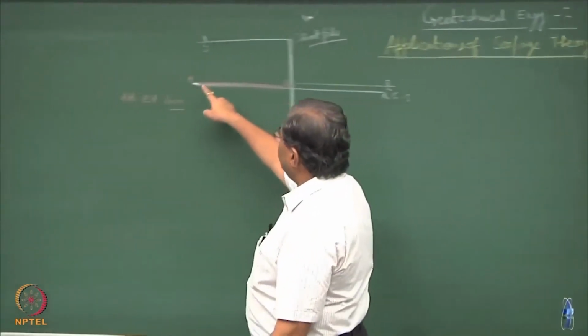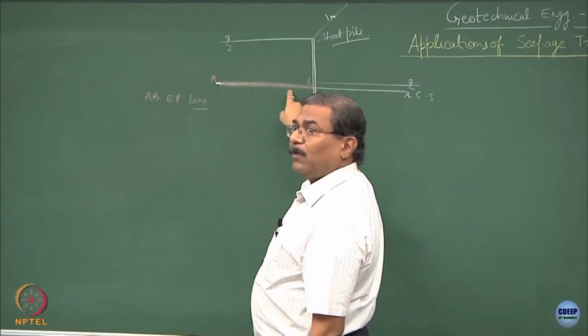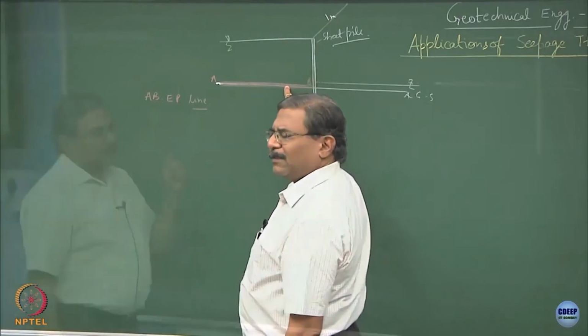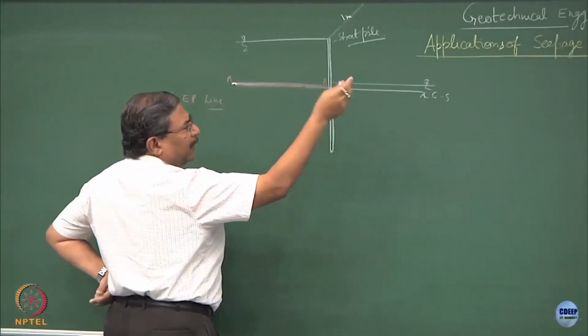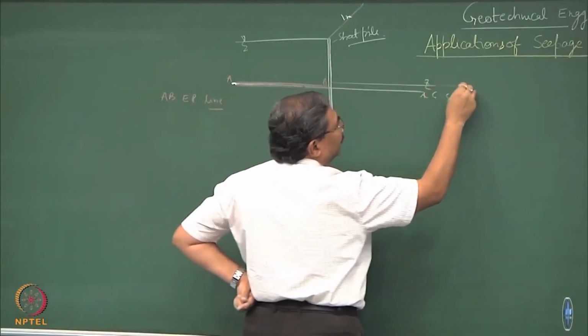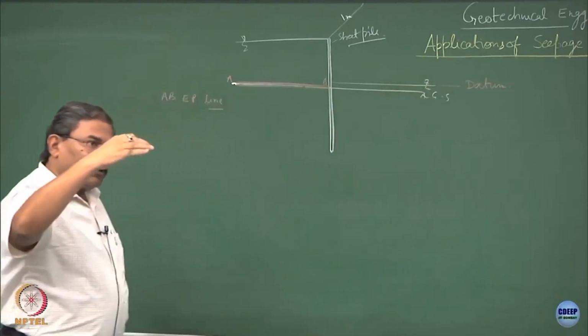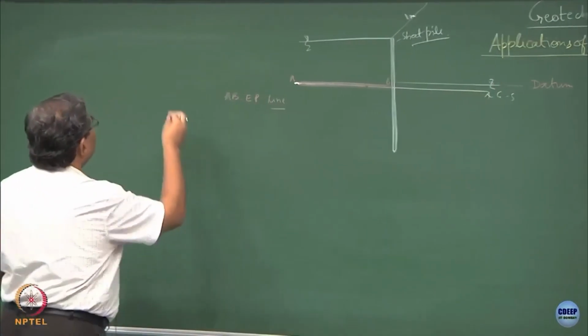At each of these points, what is the total head? No, height of the water column, clear? Yes. So, to put simple concepts, your datum could be somewhere. Normally what we do is we fix datum over here, alright, at the bottommost part of the seepage system.